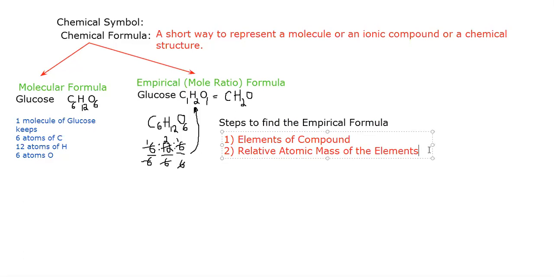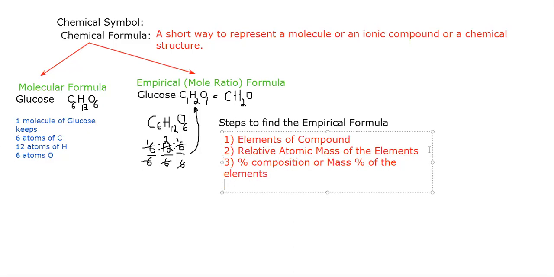Then we will discuss how you can solve them. Number three: now you know the relative atomic mass, now what will you do? Just find the moles. But before that, you must know the percentage composition, or mass percent, of the elements.